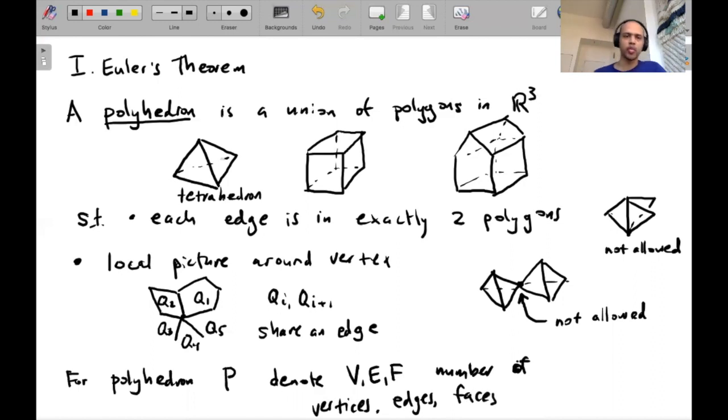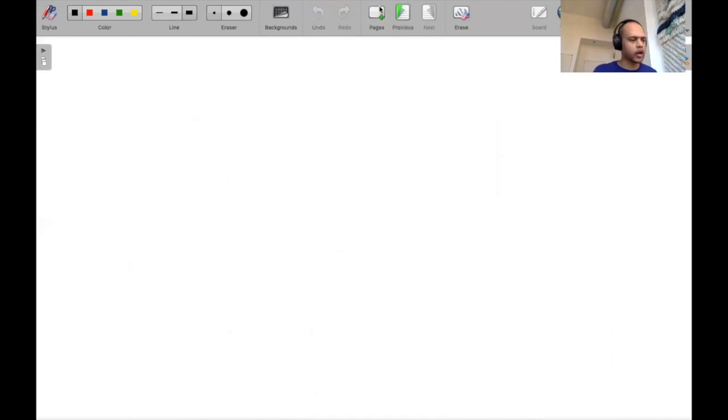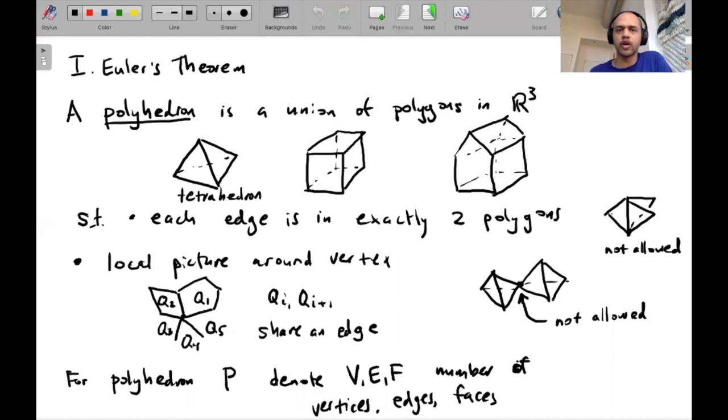Faces just being the polygons. Okay, so now let me tell you a curious thing about these examples that I've drawn here.